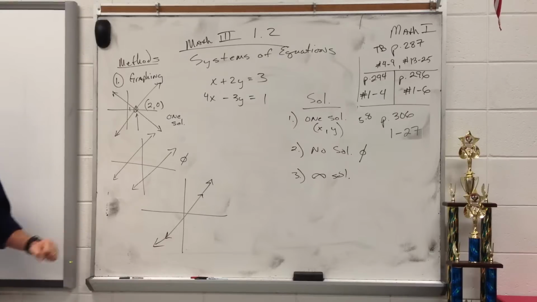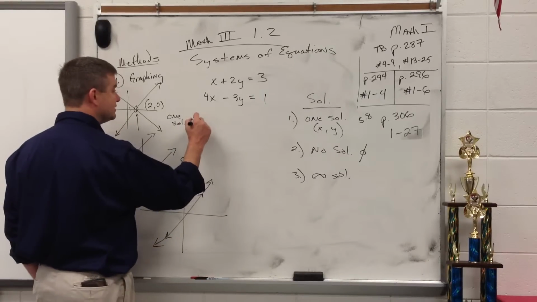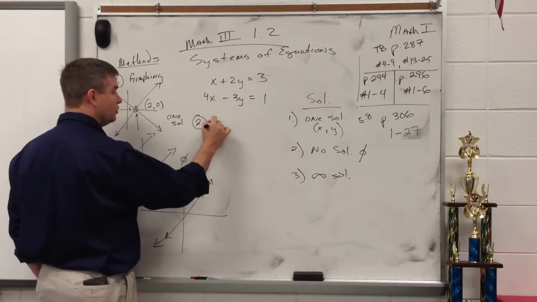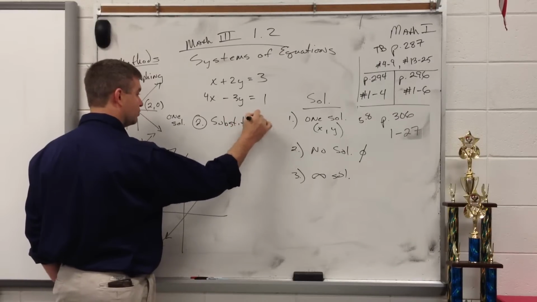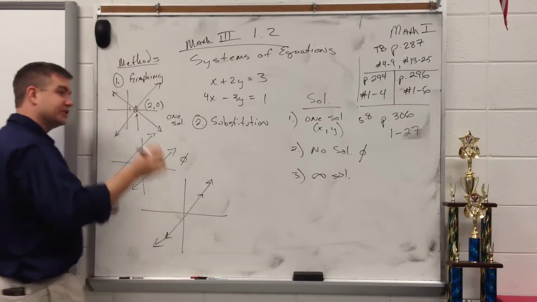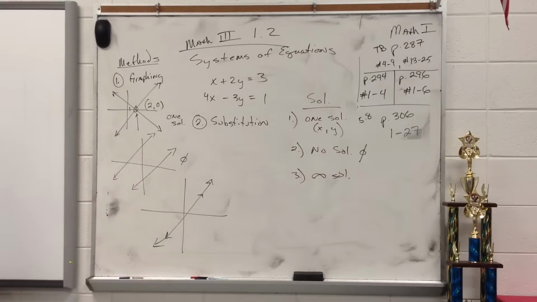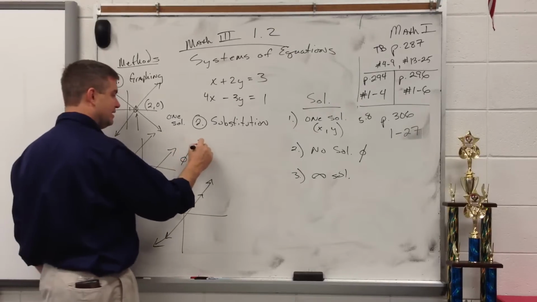Okay? Infinitely many solutions. Questions on this before I move on? Any questions on this? Your other two methods, method number 2 is substitution. And I don't know how long we'll spend on that because it's a good method some of the time, but it really is kind of spinning its wheels. It's not the easiest method. And then the easiest method is elimination.